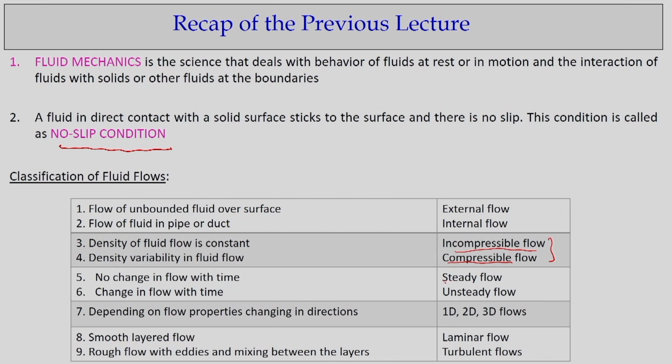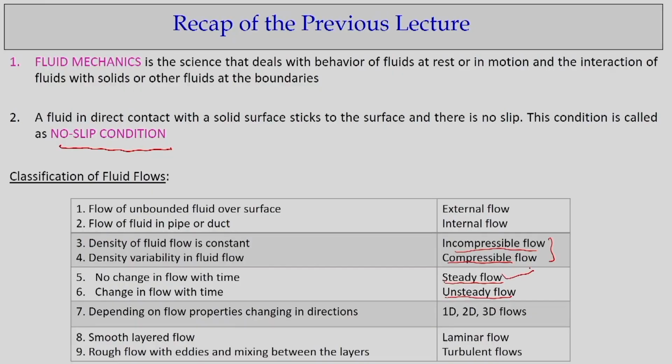In a similar way, when you talk about the time component, if the flow properties do not vary with time, then we call it steady flow. That means we can consider some fluid flow problems where the flow properties do not vary with time.